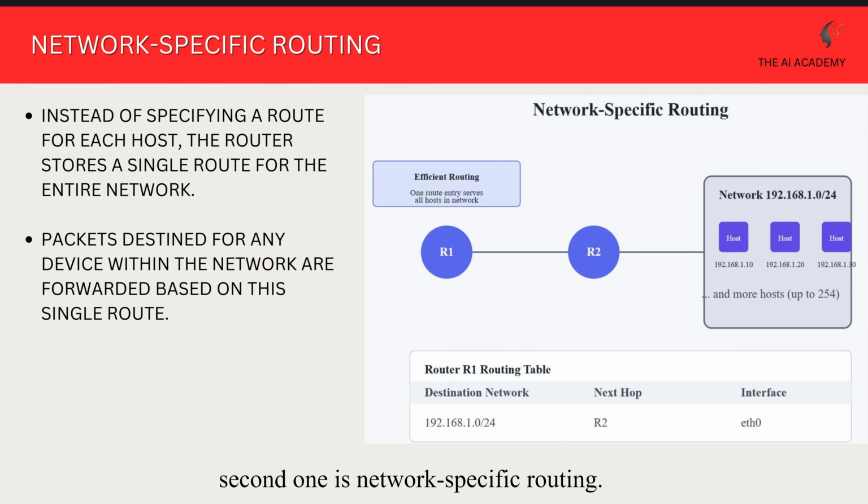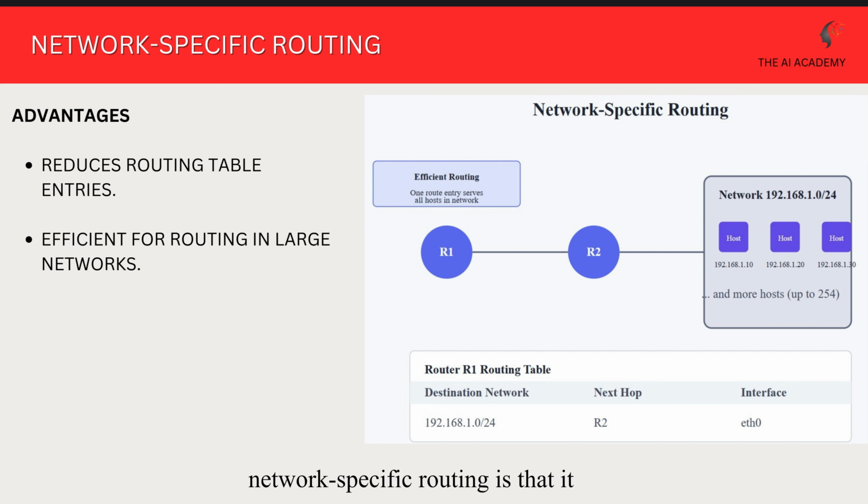The second one is network-specific routing. This method uses the destination network address to make routing decisions. A single entry in the routing table can represent multiple devices on the same network. Instead of specifying a route for each host, the router stores a single route for the entire network. Packets destined for any device within the network are forwarded based on this single route.